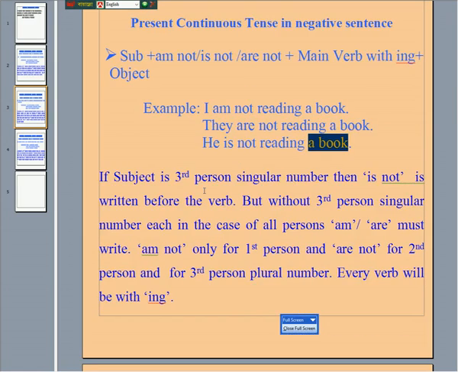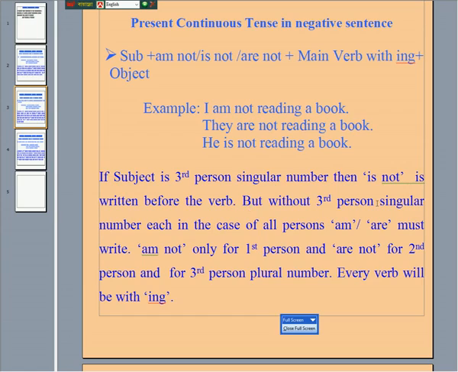If the subject is third person singular number, then is not is written before the verb. He is third person singular number, so is not is written before the verb.